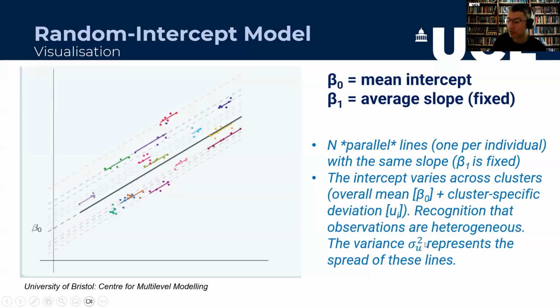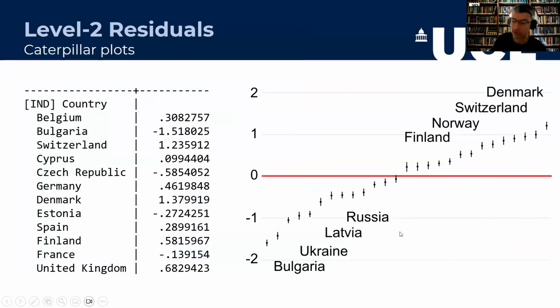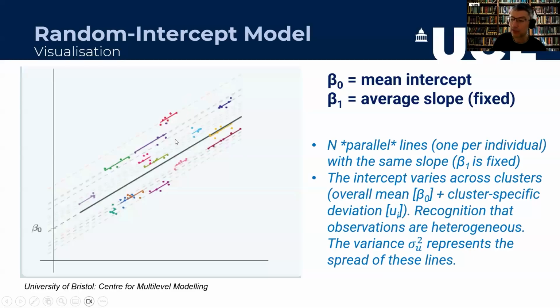So when we have a small sigma squared u, this means that all of these lines are very close to each other and close to the overall mean. Whereas a high level of variance at the cluster level will suggest that there is a lot of spread across all of these parallel lines calculated in each of the clusters that we have, or in each of the countries.